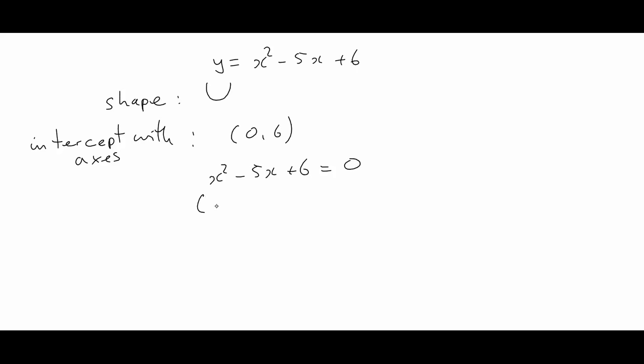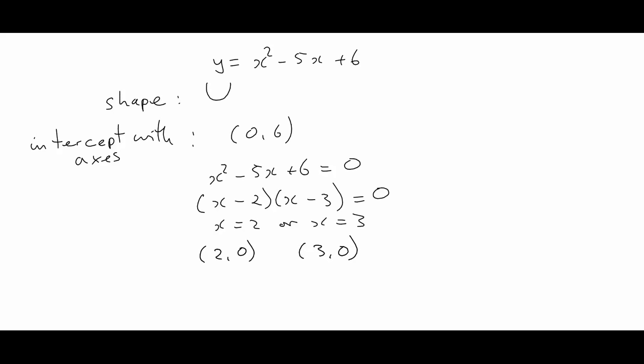This one does factorize. x minus 2, x minus 3 equals 0. And so x equals 2 or x equals 3, and the intercepts with the axes are 2, 0 and 3, 0.